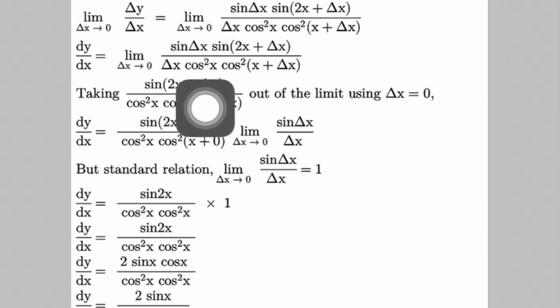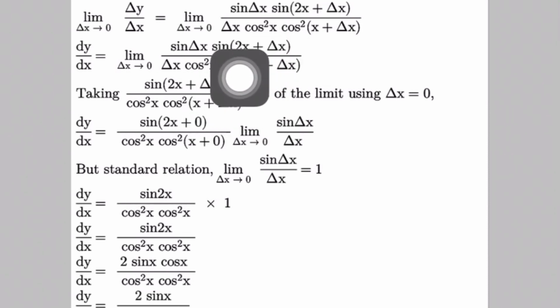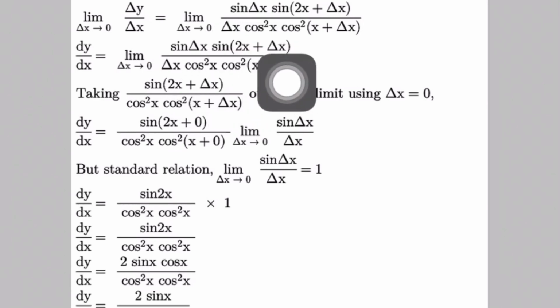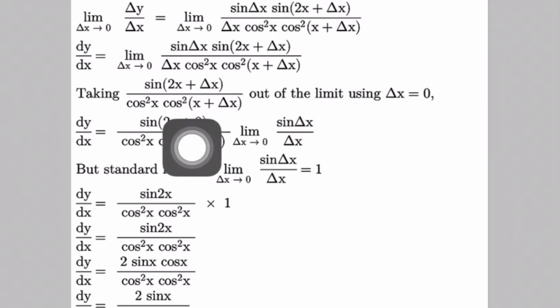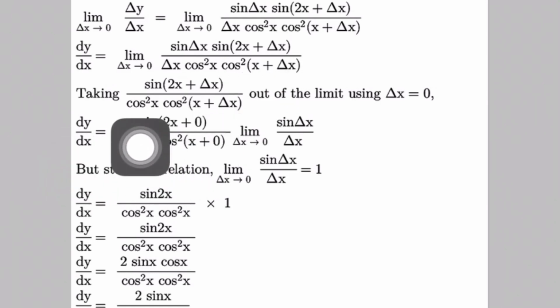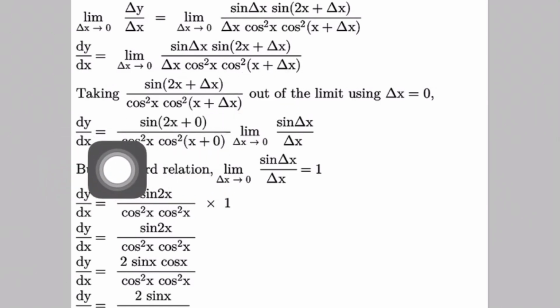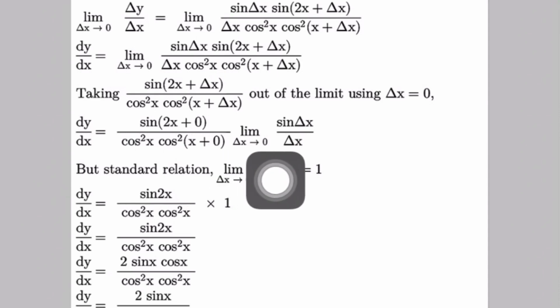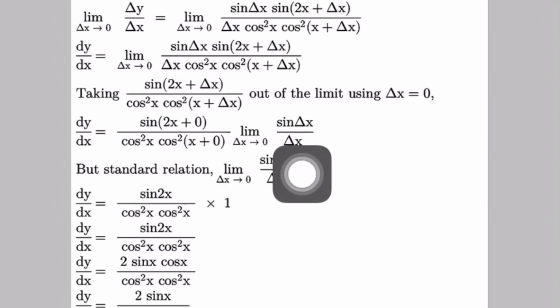These factors do not make this term an indeterminate form, so we take them out of the limit. So dy by dx is equal to sine of 2x plus 0 divided by cos square x times cos square x plus 0, and inside the limit del x tends to 0 we are left with sine of del x divided by del x.